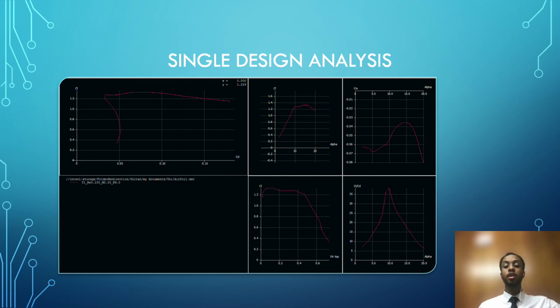Now, this would further be reinforced by the graph at the bottom right corner, where as the angle of attack increases, so does the lift ratio, up until a point of around 10 to 15 degrees, where everything reverses and the coefficient of lift starts to plateau, which would imply that drag is the major force taking place.